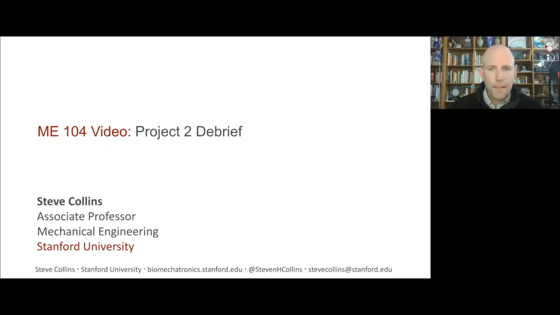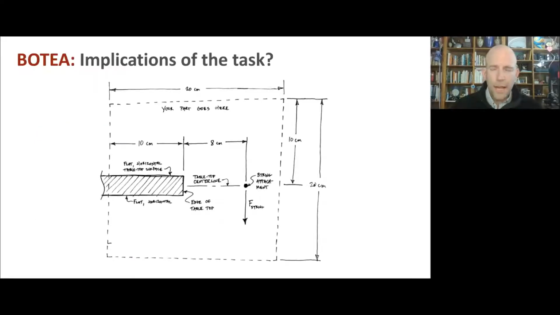Let's walk through an example process of creating a part. The first thing that I usually do, and I think this is very often a really effective step when you're setting out to design a new mechanical element, is to think about, before I make any clever decisions about what the component is going to be, what do I know about the component just from the nature of the task itself?